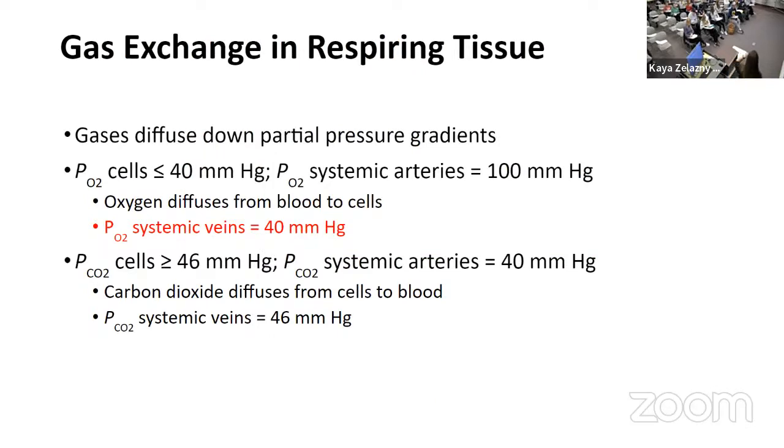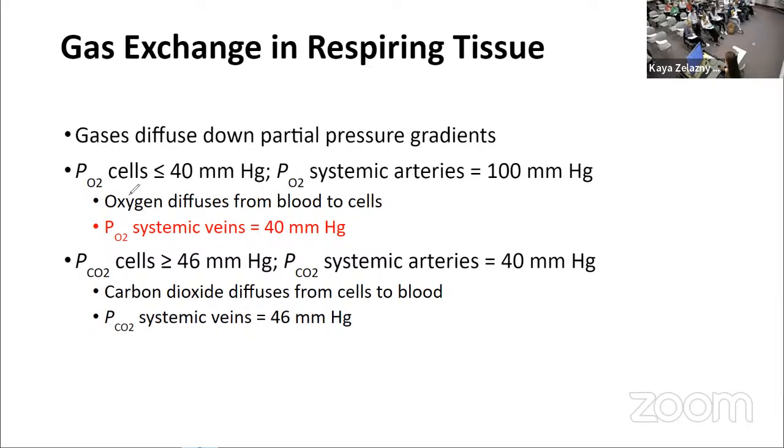And this is basically just writing out for you in words what I was pointing out as I was running through that picture. So this is telling you that we've just covered that we reach equilibrium in the lungs. Those two graphs were showing you the values and how fast that happens. So this is now talking about what's happening at that tissue level. So our tissue cells have a low partial pressure of oxygen, 40 or even less, okay?